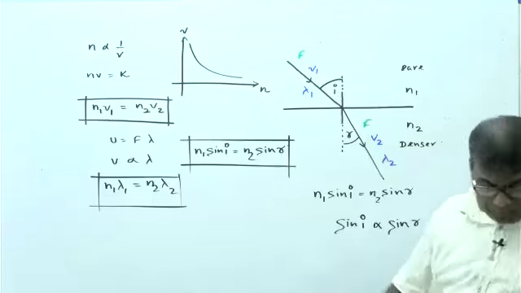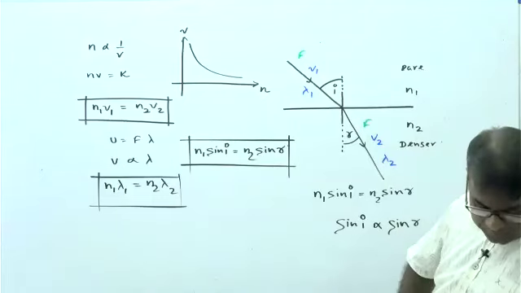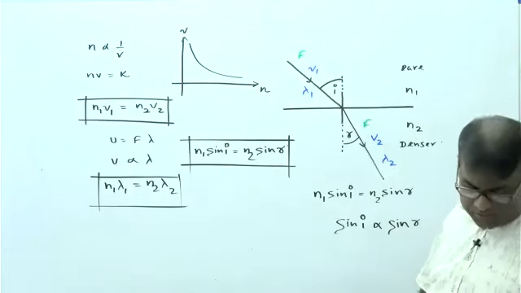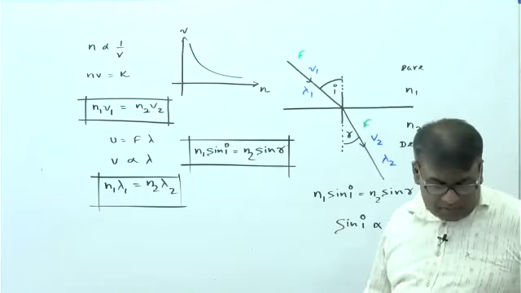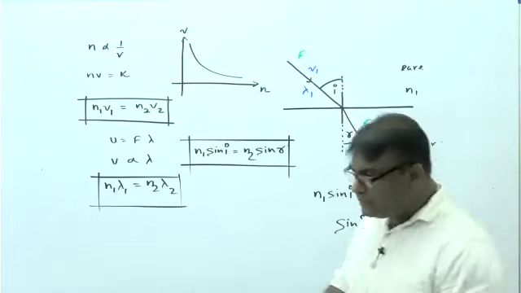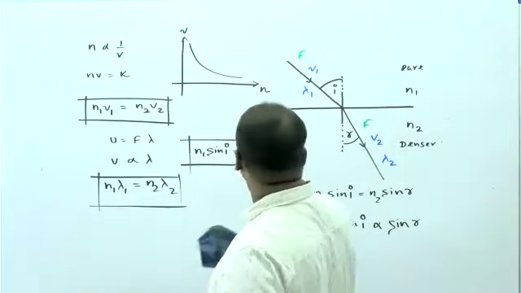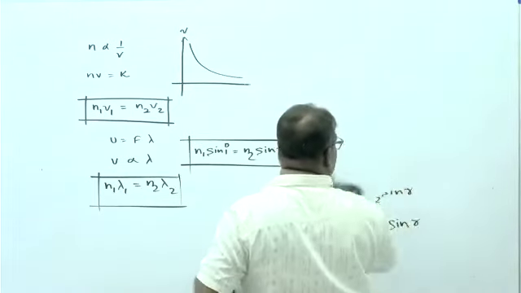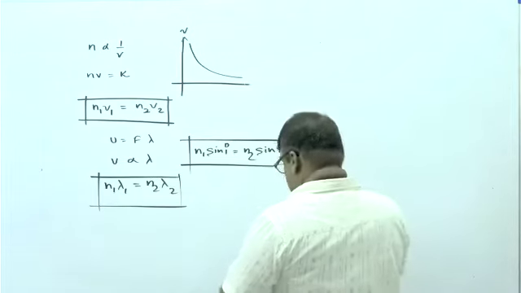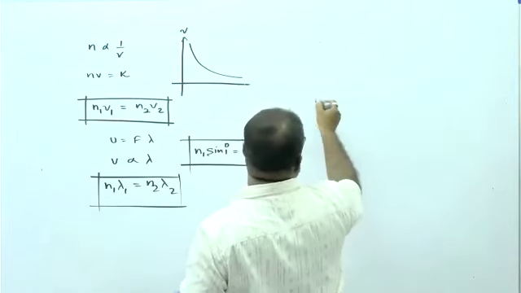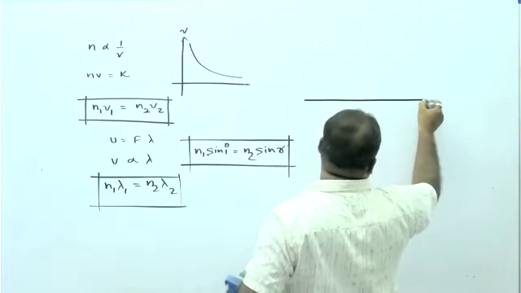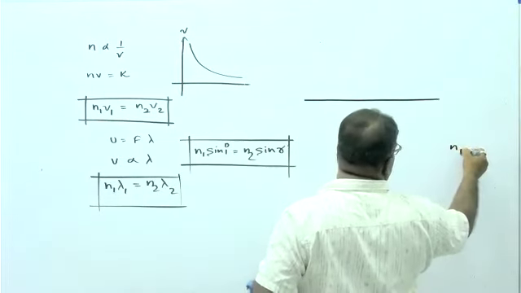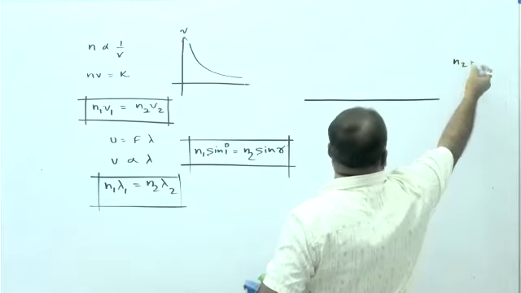See number 65. Derive an expression for the refractive index of two mediums with the apparent depth and real depth. Okay. Here we have one medium of refractive index N1, right? N2.